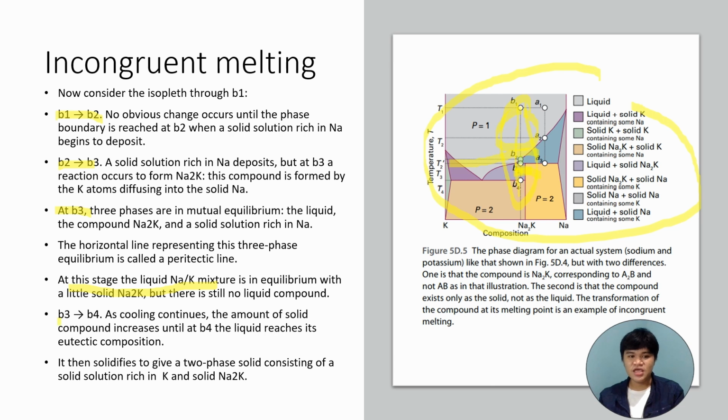As B3 approaches B4, or as cooling continues rather, the amount of solid compound increases until here, before the liquid reaches its eutectic or easily melted composition. It then solidifies to give a two-phase solid consisting of a solid solution rich in potassium and solid Na2K.